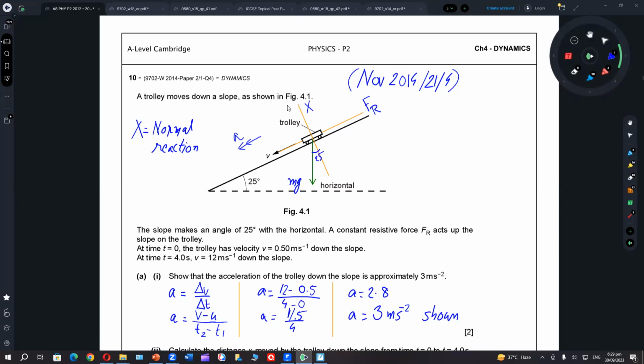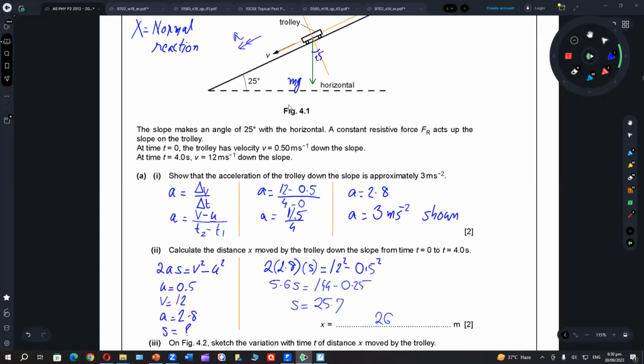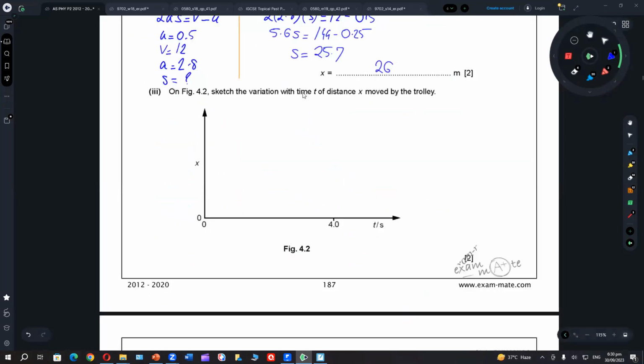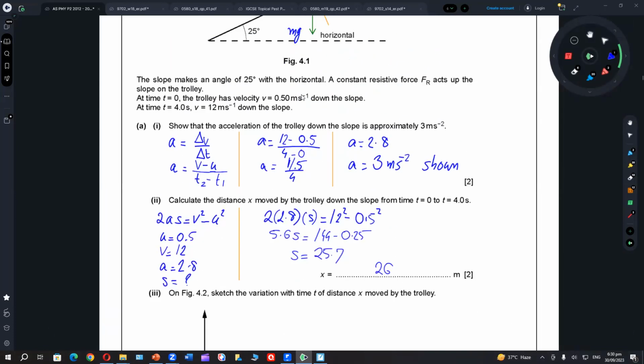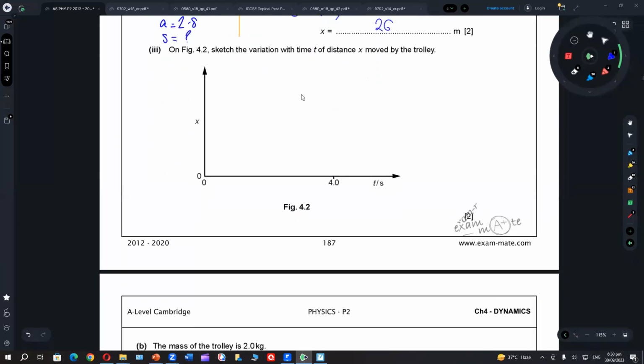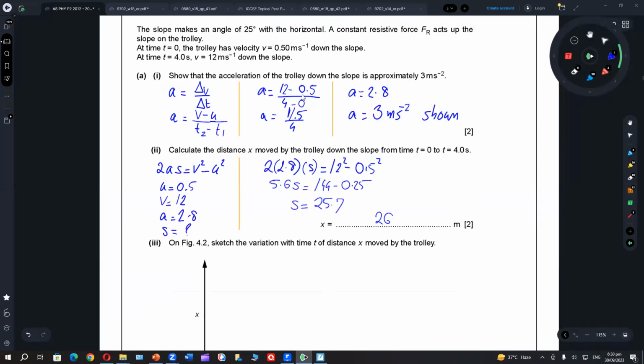I think it's going to be an increasing rate. So we have to look at the question. At t equals 0, velocity is 0.5; at t equals 4, velocity is 12. It's going downward, so velocity is increasing. At 0, the velocity is 0.5.